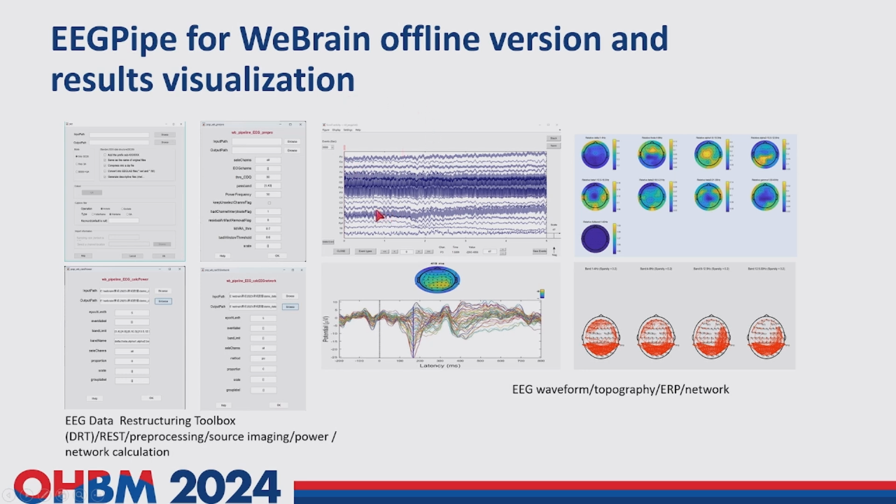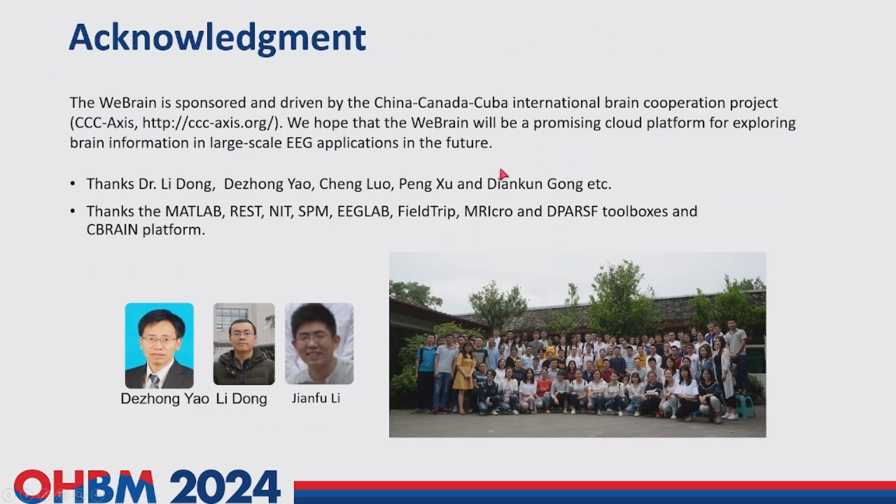EEGPipe has the same EEG pipelines and tools as WeBrain. You can use the offline version and go forward to the other analysis and the results visualization.